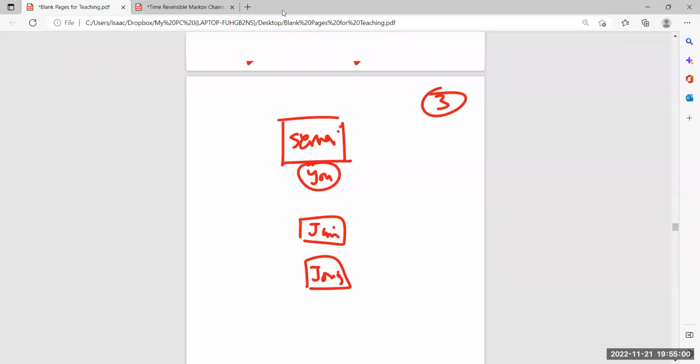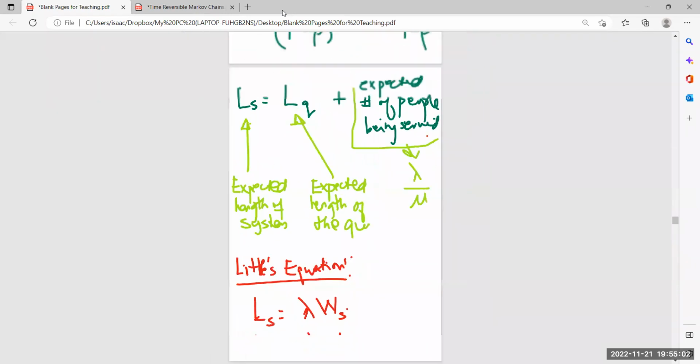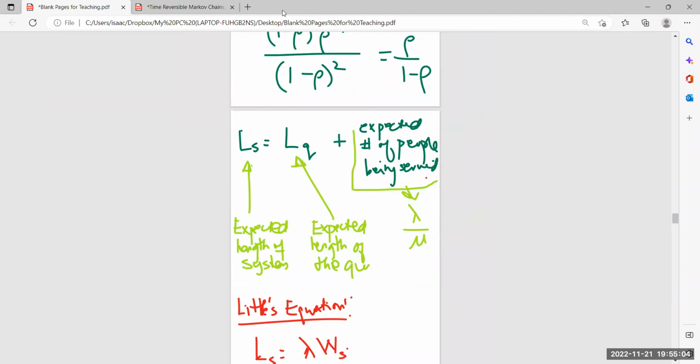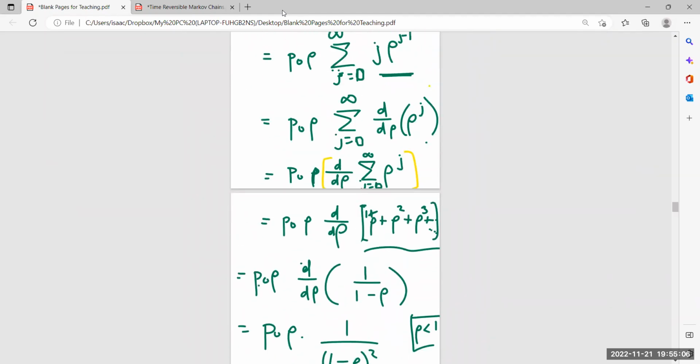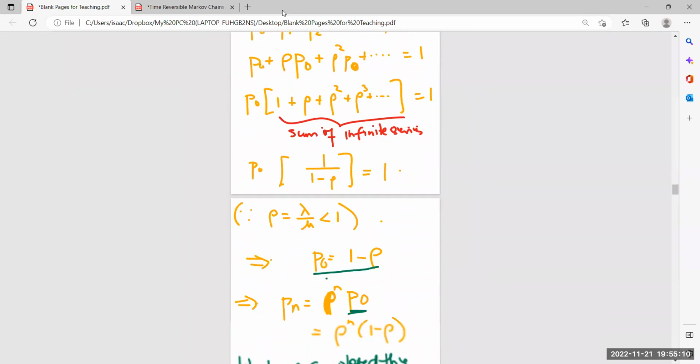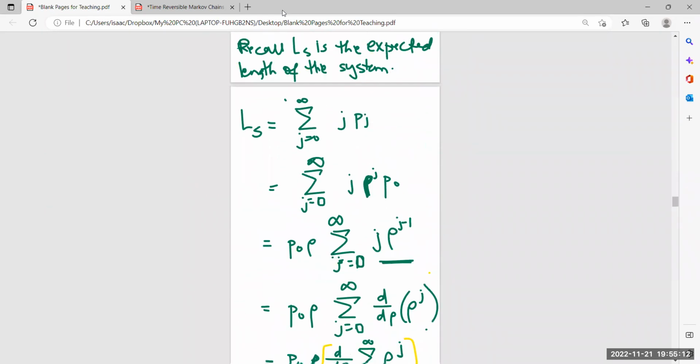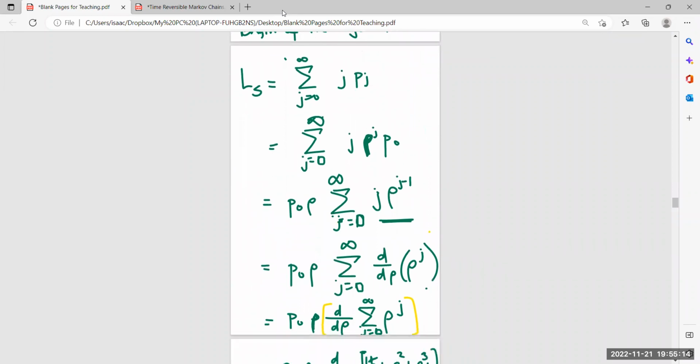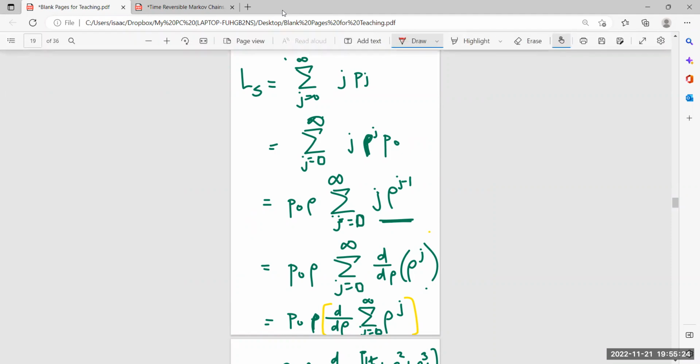And if you are asked to prove these four terms, LS, LQ, WS, WQ, what you do is this: you prove LS first. That's the first thing, you prove LS.